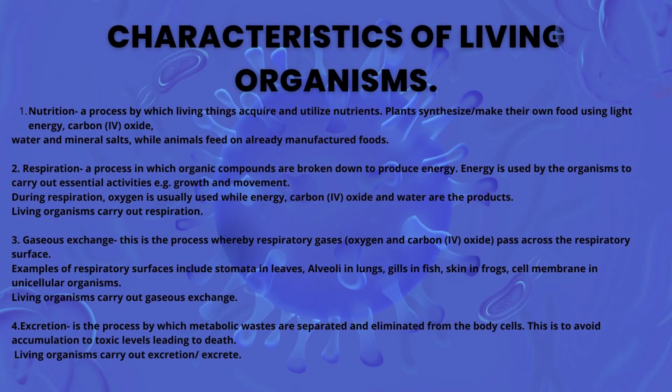Our third characteristic is gaseous exchange, which is a process by which the respiratory gases are passed through a respiratory surface. And which are these gases? It is carbon dioxide and oxygen. These two gases we call respiratory gases. The respiratory surface can be the gills, the lungs, or the tracheal system.